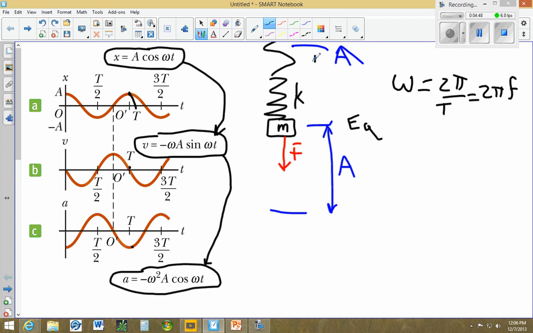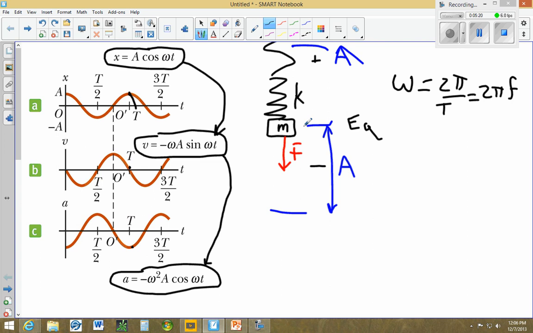This would be positive A, and this would be negative A. As long as you understand that's a negative, I'm not drawing very well today. Anyway, when you get down here, it stops. It has its largest force, its largest acceleration. Here it's got its largest velocity, zero force, zero acceleration.